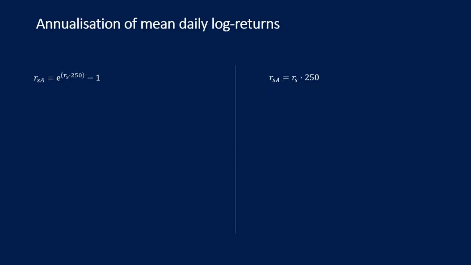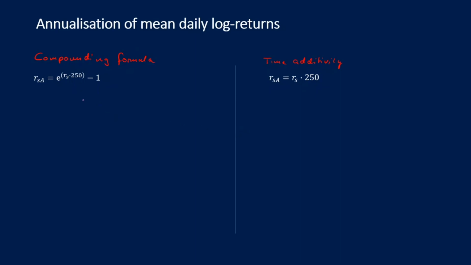Now, for the annualization of these returns, we can apply two formulas. We can apply this, which is a compounding formula, and we can apply this, which is due to time additivity. But these formulas are obviously different.